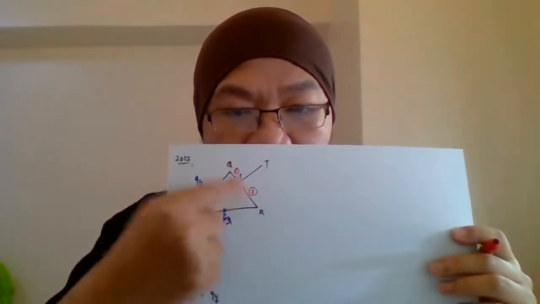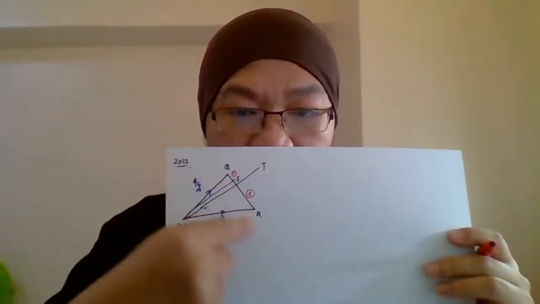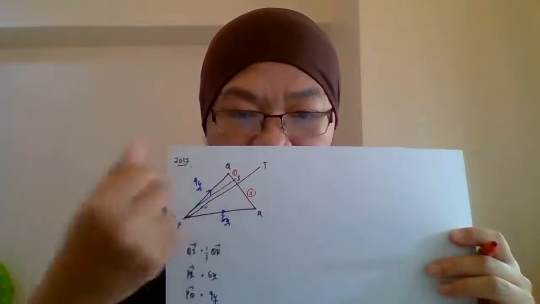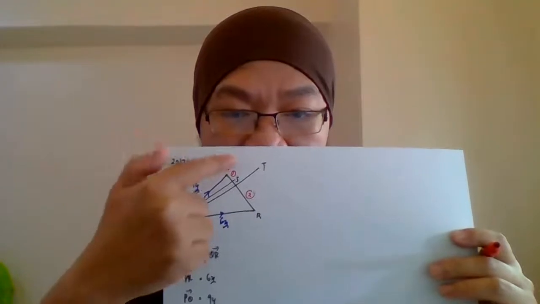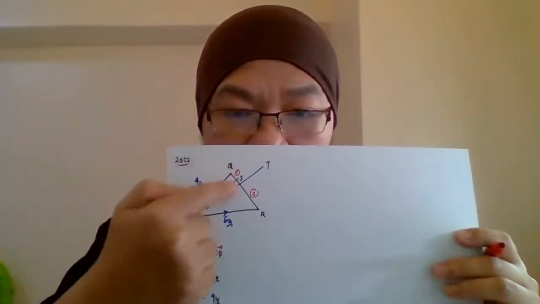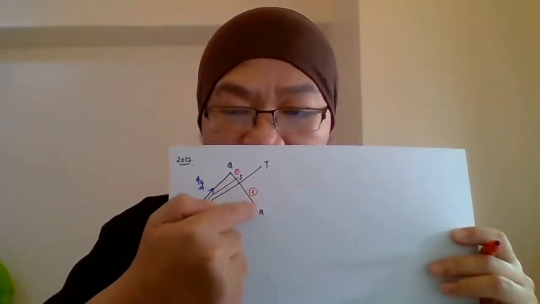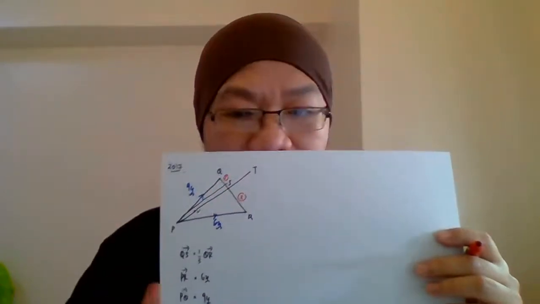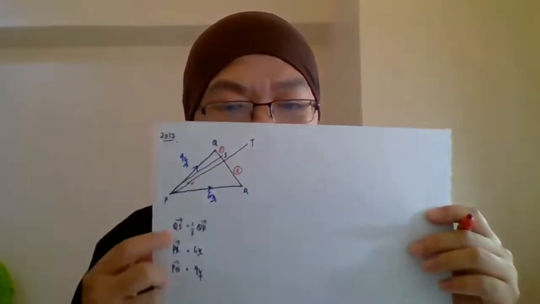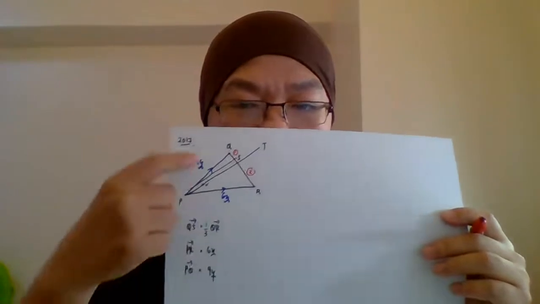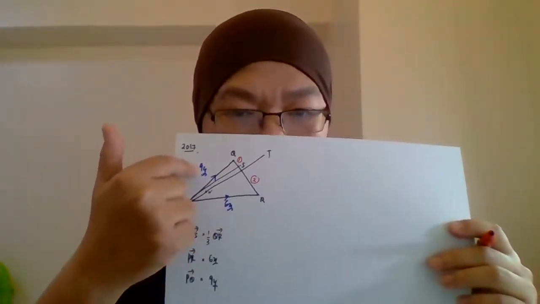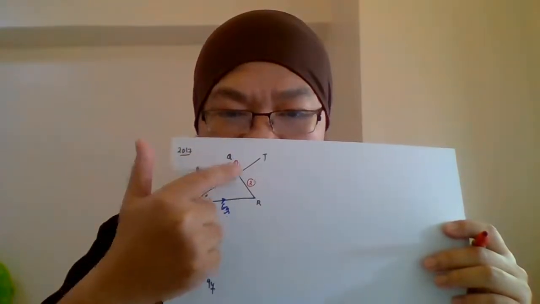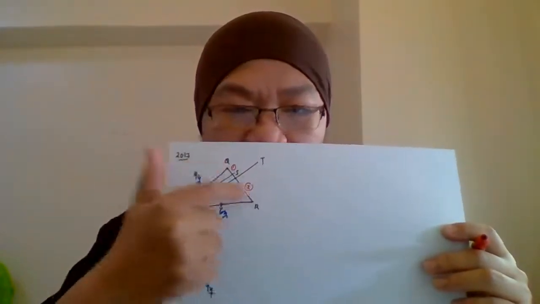The QR total ratio is 3. So if the total is 3 and the QS is 1, how much is your SR? SR should be 2. So that's why 1 plus 2 equals 3. Please be careful with the ratio. To differentiate between the vector values and the ratio, that's why I put a circle on the value here. Okay, that is all the information.